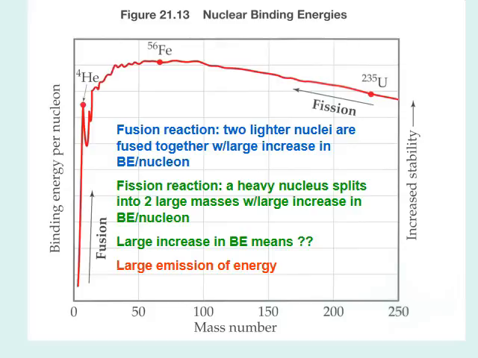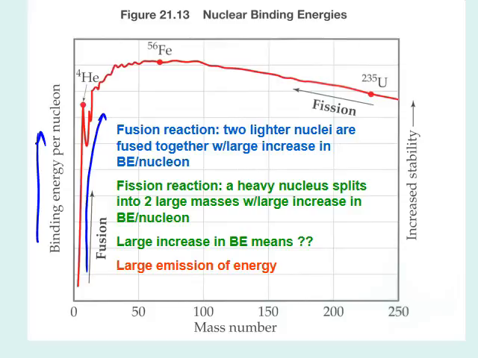Like if you look at the left-hand side where fusion has happened, if I have, say, 2 hydrogens fused together to helium, there's a sharp rise in the binding energy because this axis is binding energy. So fusion reaction, when 2 lighter nuclei are fused together, there'll be a large increase in binding energy per nucleon.